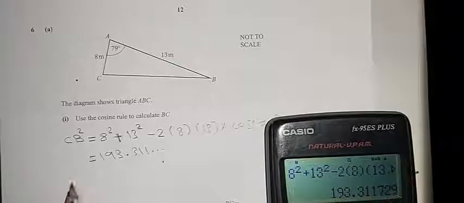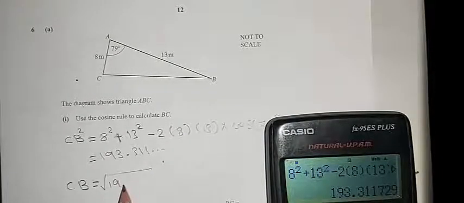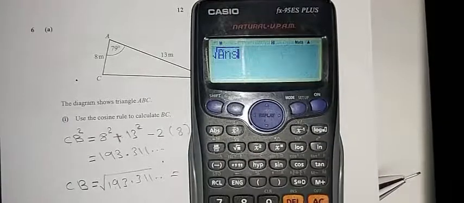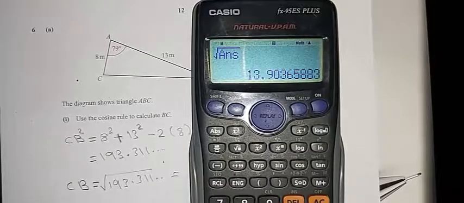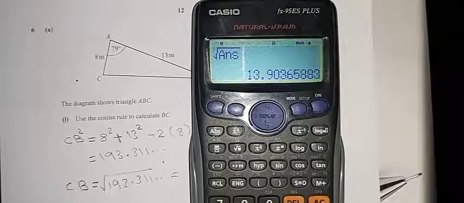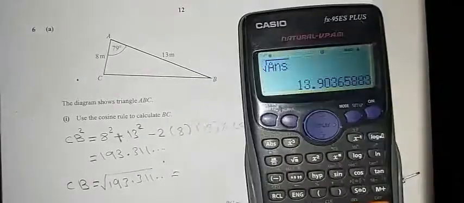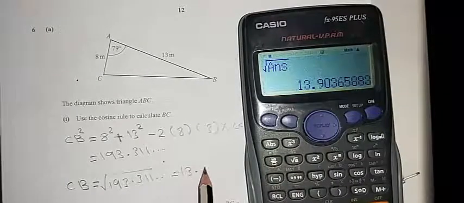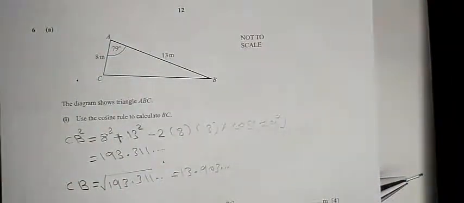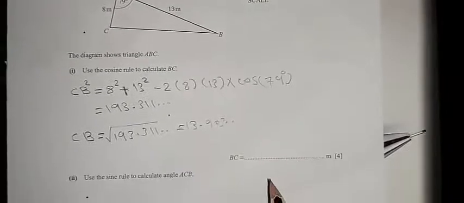So CB equals the square root of this value, which equals 13.90, or you can keep it 13.9. 13.903 and so on. Just write 13.9 to 3 significant figures.